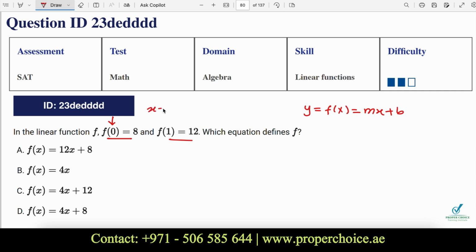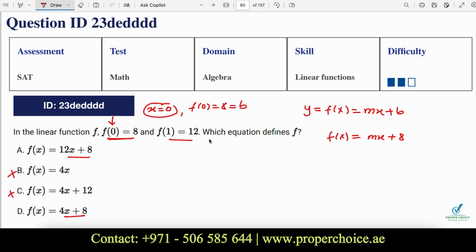The y-intercept is the point where the value of x is 0. So when x is 0, f of 0 is going to be 8. It's basically the value of b. So I got an equation here, mx plus 8. Whatever option we choose, the y-intercept should be 8. Look at which options have a y-intercept of 8, either A or D. Get rid of option B and option C here.